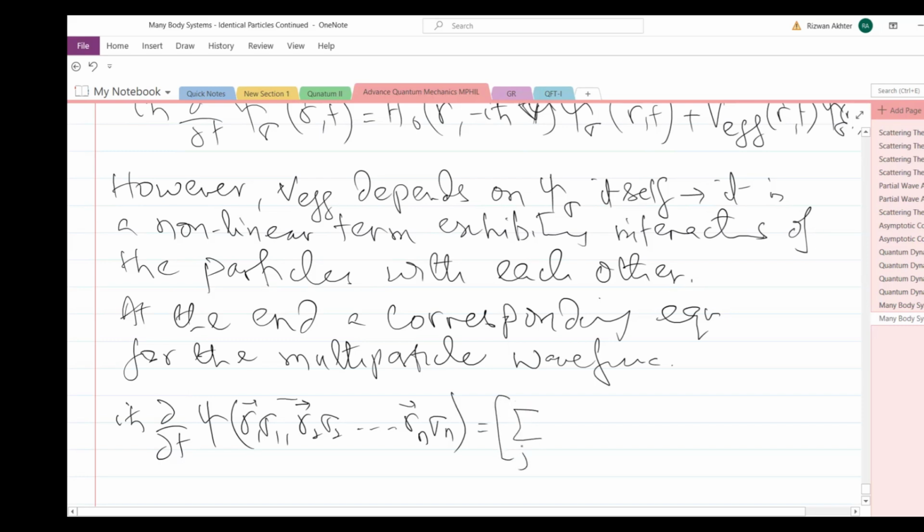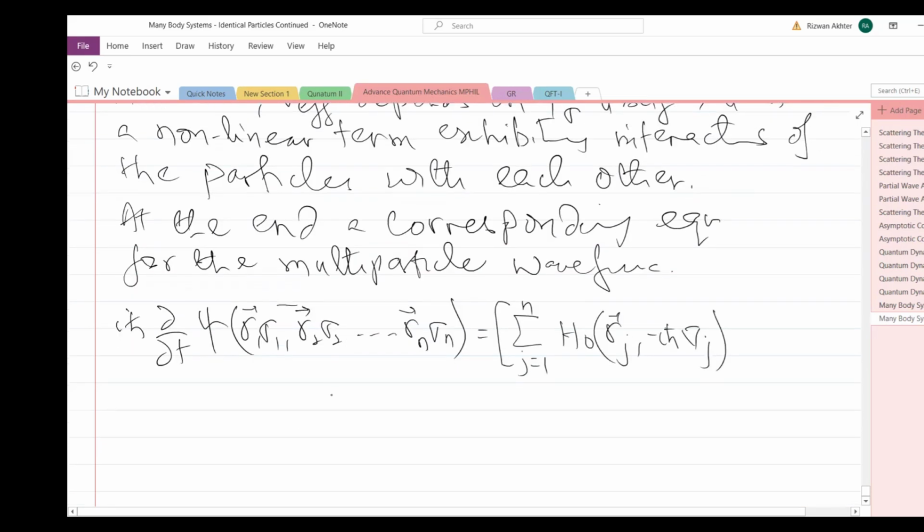summation over j equals 1 to n of h naught of rj comma minus iota h bar del j, which is the kinetic energy term, plus half summation j not equal to L V of Rj comma RL, bracket close.